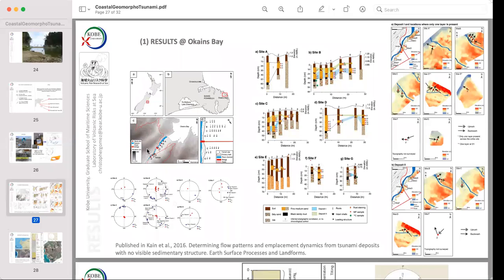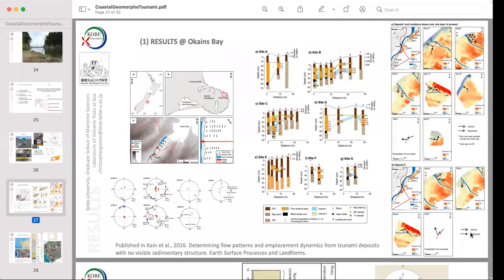So we have the small bay here, and we have this area that we know has been inundated by a tsunami in the 1960s. So what we did is to go and take sediments, and from those directions, then we could reconstruct the direction of the tsunami waves for an event that we didn't see.